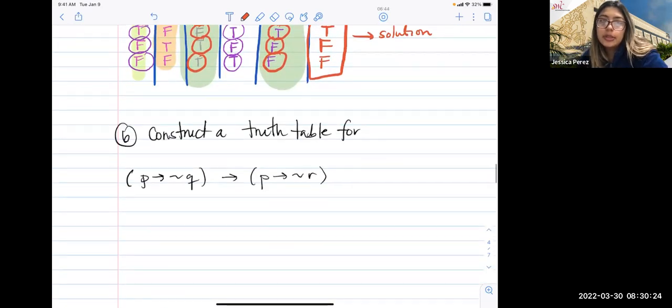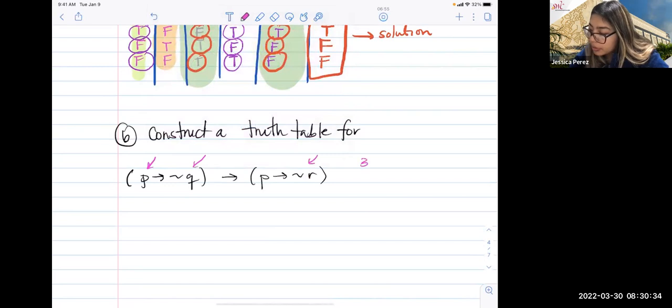Now this one, construct the truth table for. Now this one has three variables. Which three? It has P, it has Q, it has R. Three variables. So this means it's 2 to the third, which is 8 rows.